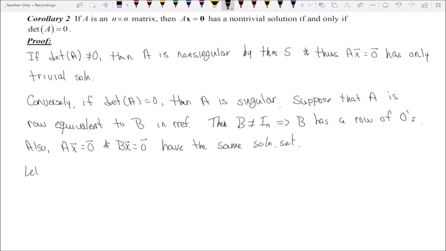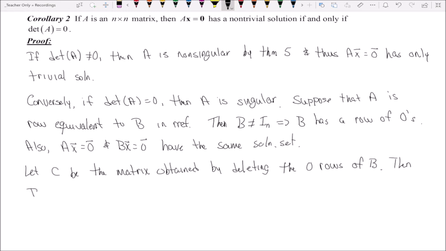Now, let C be the matrix obtained by deleting the 0 rows of B. Then BX equals 0 and CX equals 0 have the same solution set.